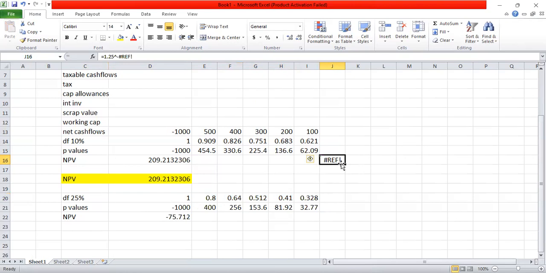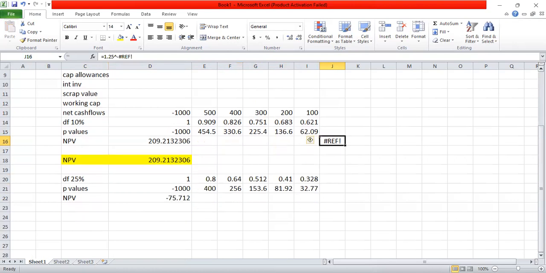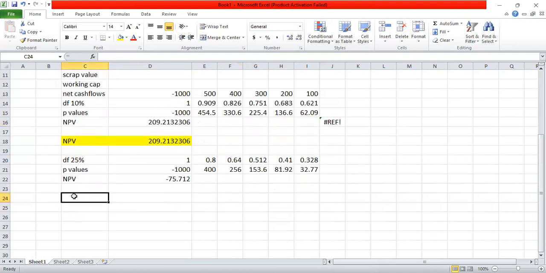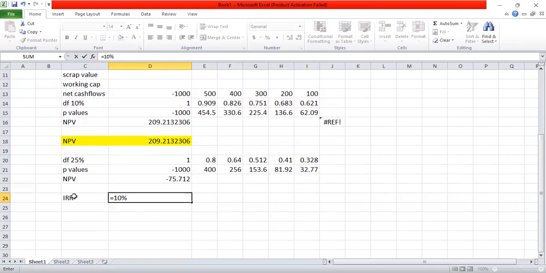Now, if you have to go for the IRR formula, the previous formula was: you take the lower rate, that is 10%.